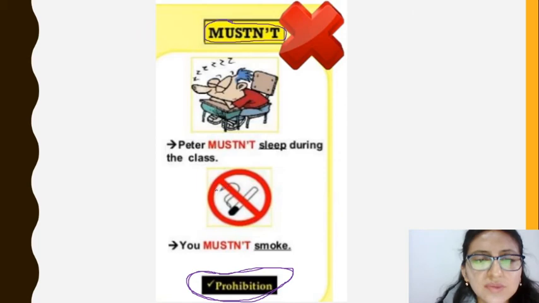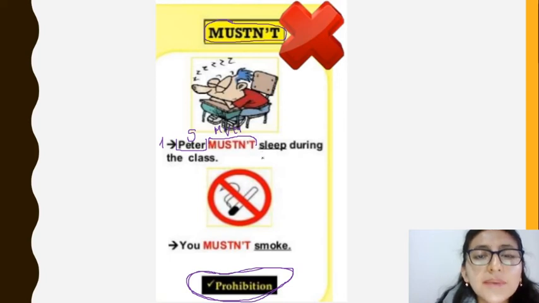Okay, you mustn't smoke. What is the subject in this sentence? In the number 1, what is the subject? Very good. Peter is the subject. What is the modal verb in negative? Okay, good job. Mustn't is the modal verb in negative.